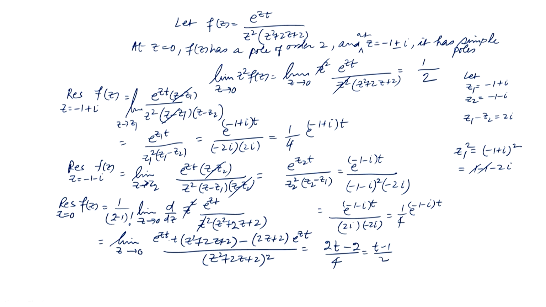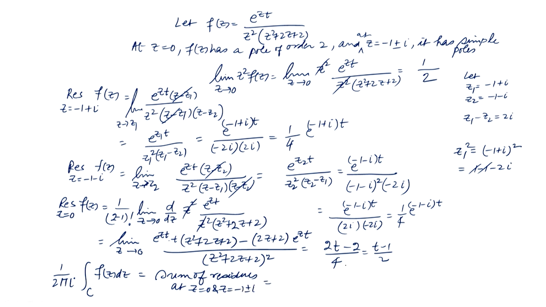Okay. Now we add all these residues, because the value which we have to find is 1 over 2 pi i integral over c of f(z) dz. So this is nothing but the sum of residues at z equal to 0 and z equal to minus 1 plus minus i.